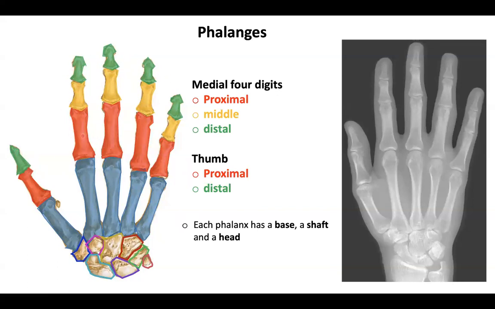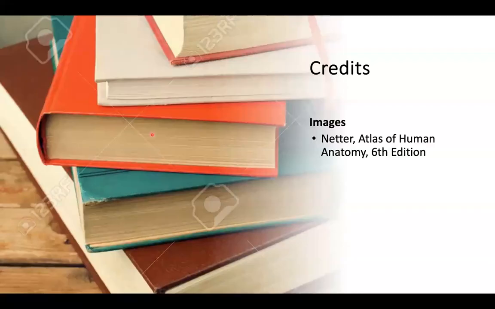Phalanges are also examples of long bones. Each phalange has a base, a shaft, and a head. There is a joint between phalanges, and it's known as the interphalangeal joint. Very simple, between phalanges, interphalangeal joint. They are long bones and they form the digits or our fingers. So that's all about bones of the hand.